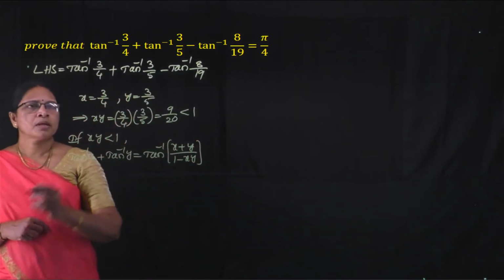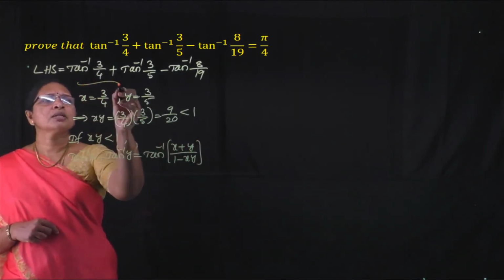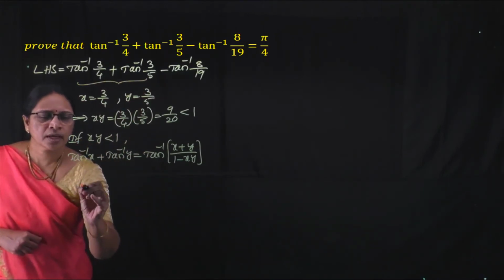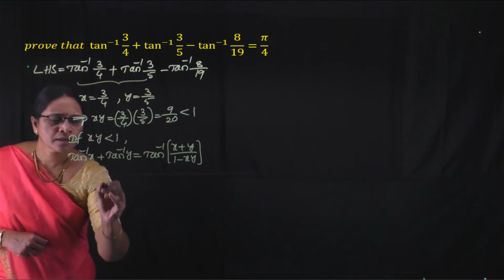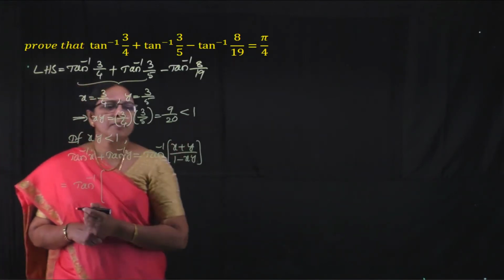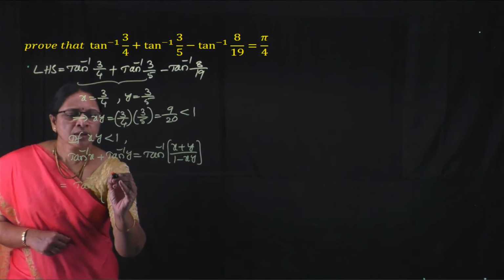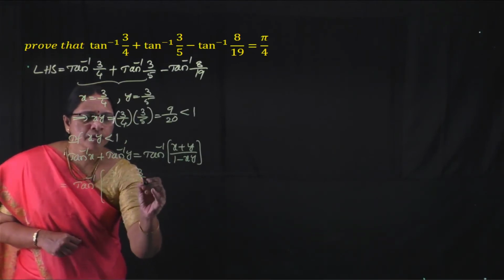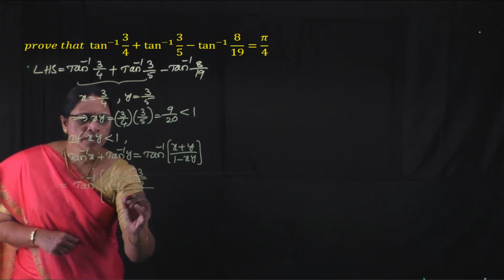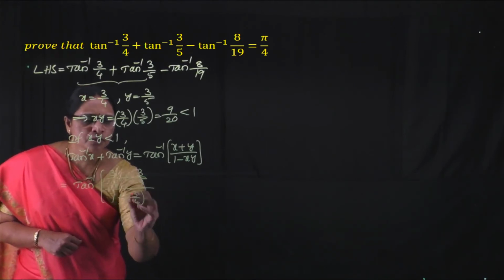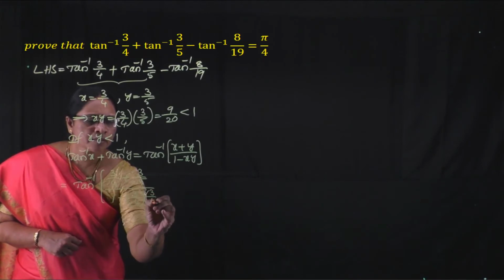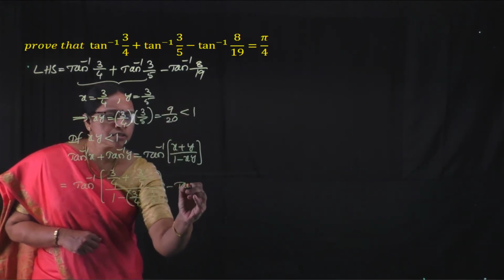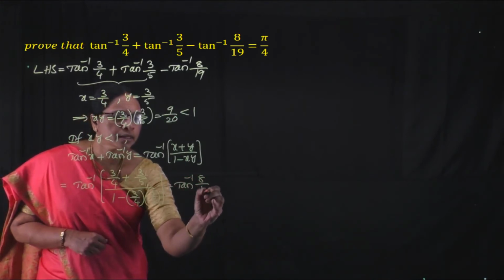Apply this formula for the first two terms. That is equal to tan inverse of (3 by 4 plus 3 by 5) by (1 minus 3 by 4 into 3 by 5), minus tan inverse of 8 by 19.